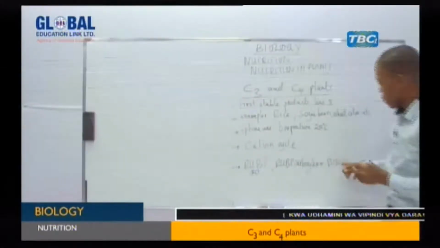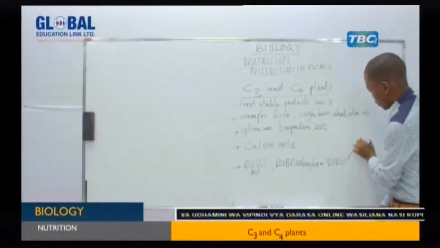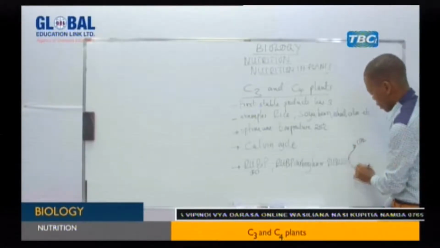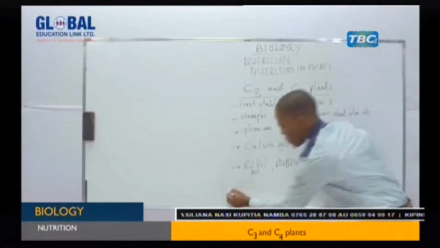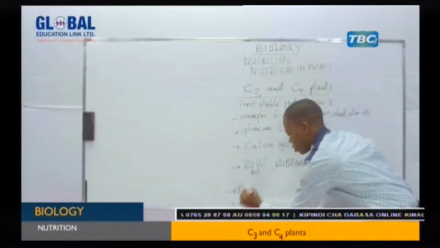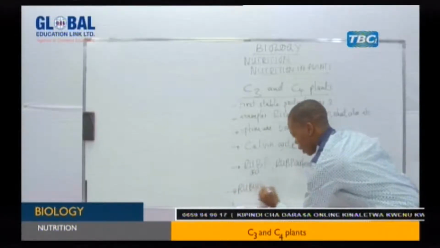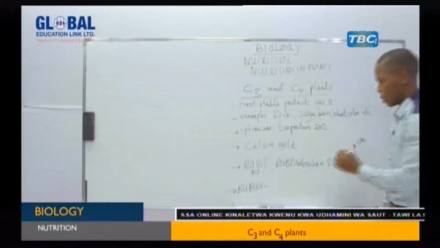This rubisco can fix both carbon dioxide and oxygen. If you remember, the long form of rubisco is ribulose bisphosphate carboxylase oxygenase.